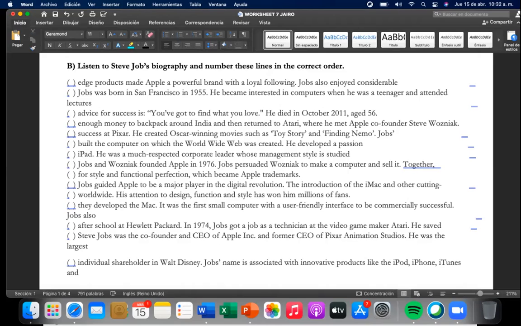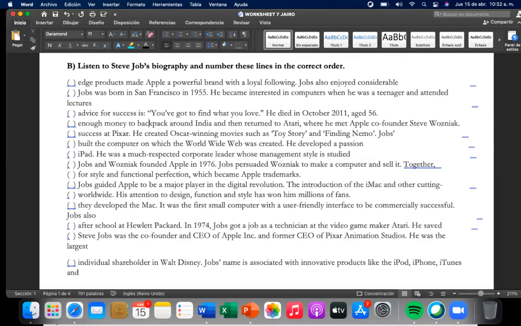He saved enough money to backpack around India and then returned to Atari, where he met Apple co-founder Steve Wozniak. Okay, very good. Daniela, thank you very much. That was very, very good.